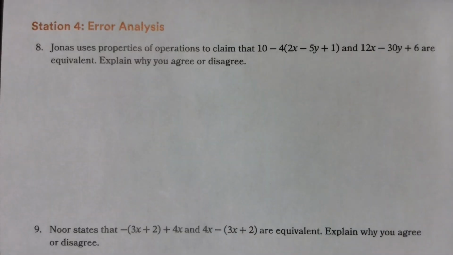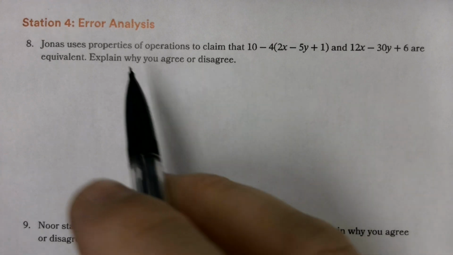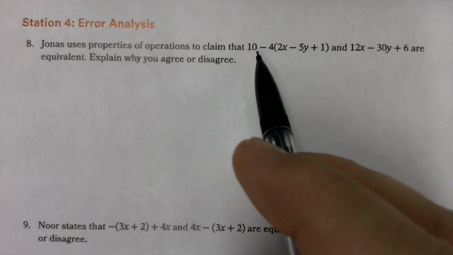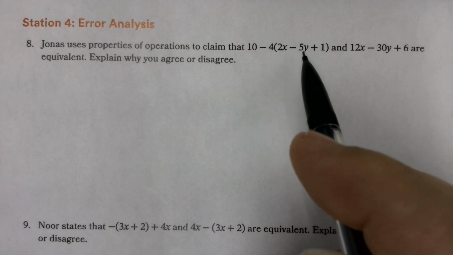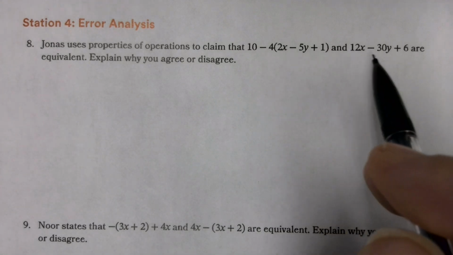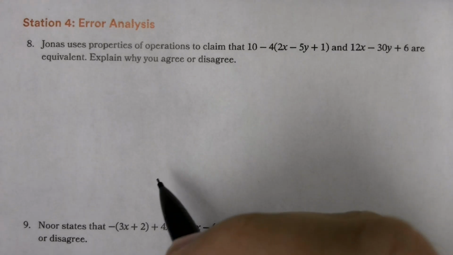Question 8 and 9 are error analysis questions. Jonas says that 10 minus 4 times 2x minus 5y plus 1 and 12x minus 30 plus 6y are equivalent. We're going to explain why we agree or disagree.